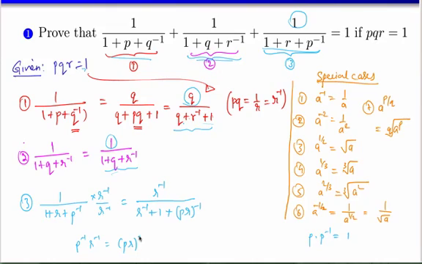I can take pr raised to minus 1 with the property. Correct? So this will become r raised to minus 1 upon 1 plus r raised to minus 1, and pr here is nothing but q raised to minus 1. So q raised to minus 1 raised to minus 1, that will become q. So again this is r raised to minus 1 upon 1 plus r raised to minus 1 plus q.